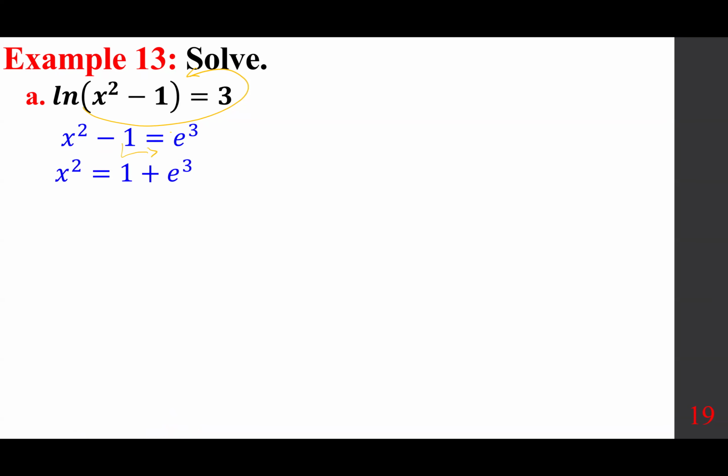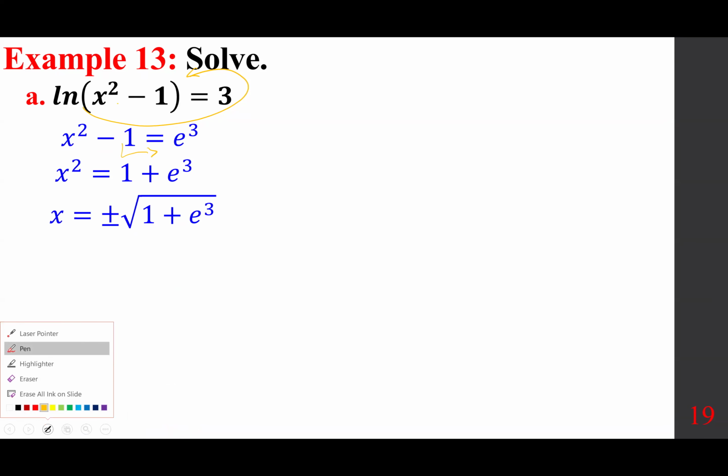And x would be plus minus the square root of the result, 1 plus e cubed. By the way, remember the argument of log must always be positive, and because it's being squared up, this expression becomes positive. You can always check it out.